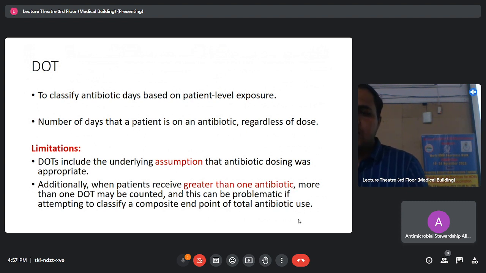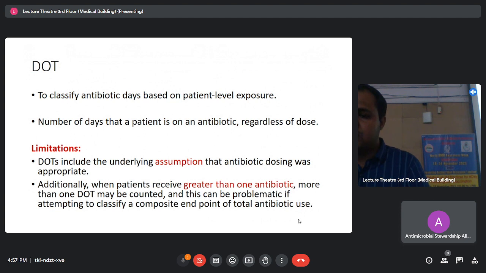Another thing is that when we are calculating the days of therapy, there might be an antibiotic combination. I'll show an example also. Suppose vancomycin and meropenem are being given, but vancomycin was given initially for 3 days or say 5 days, and meropenem is given for some other indication in the same patient, but at a later time period.